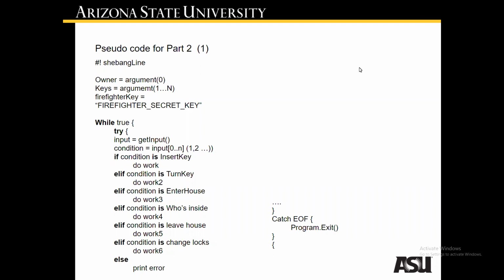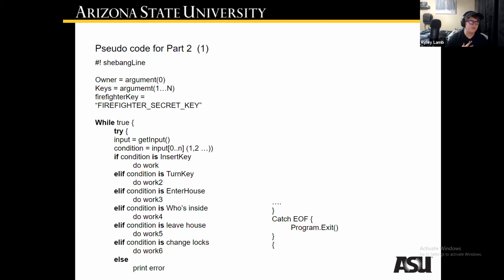Excuse me. So when a user puts in secure house, does it assume that the owner is in the house after that, or no? So if my friend owns the house and I'm trying to get into his house without him in there, I can do that if my friend gave me the key. So if I know the key and my friend isn't in the house, I can insert my key into his house and then turn and then enter the house, no problem.